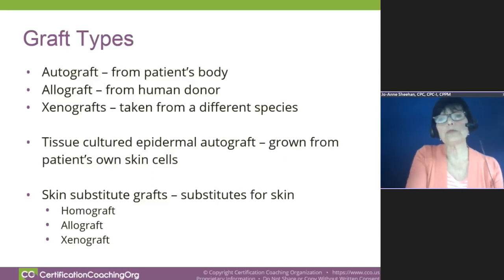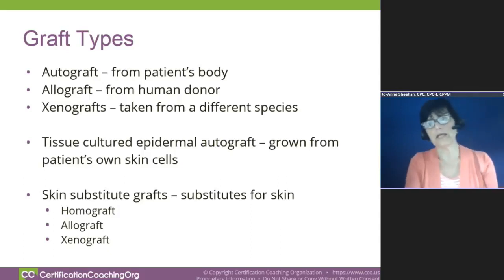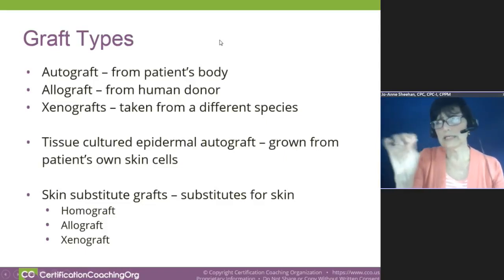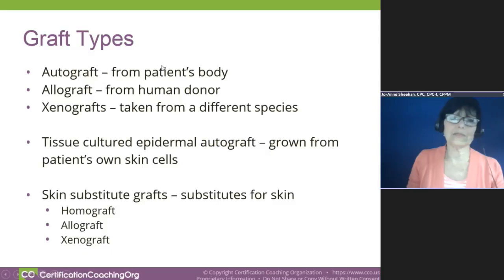And if you need visuals for these, honestly, Google them and look at the pictures. You may not want to, but I'm just saying that if it's something that you have a hard time with in this particular section, definitely get some visuals and describe them like in the guidelines so that you understand.